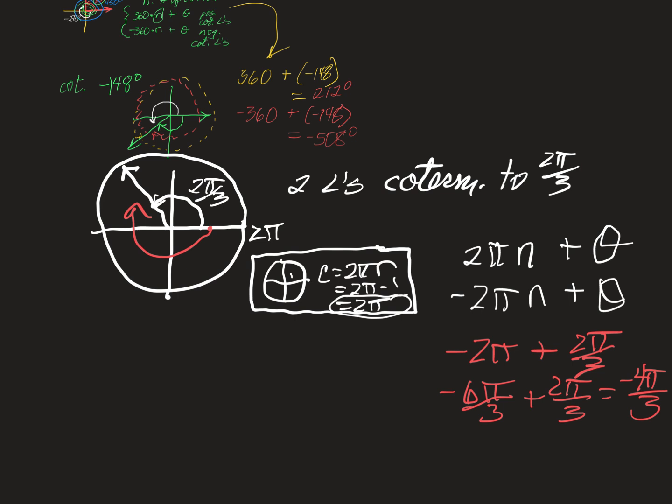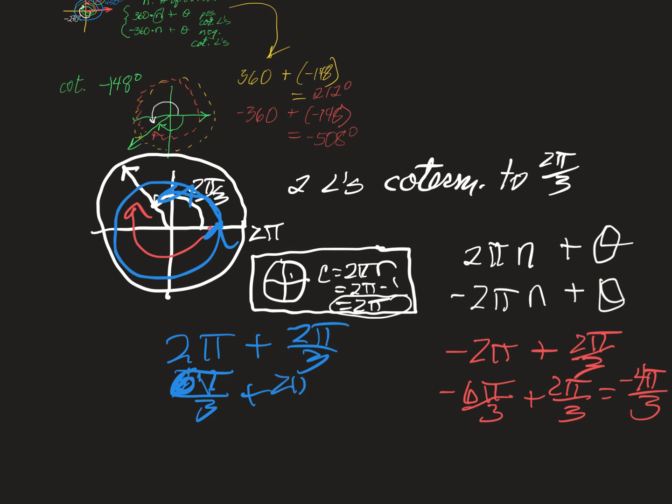And then the next answer, we're going to do a whole extra rotation to get around. So we're going to add 360 to the angle, or add 2 pi. So it'll be 2 pi plus 2 pi over 3, which will be 6 pi over 3 plus 2 pi over 3 equals 8 pi over 3.